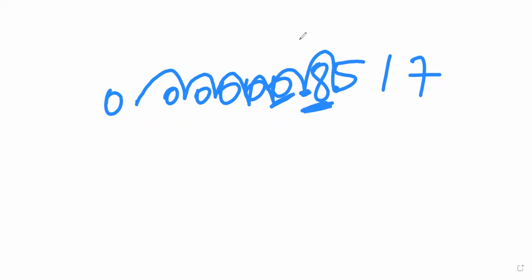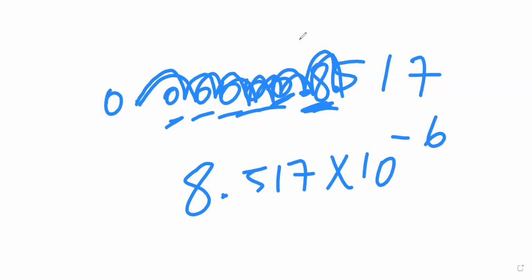It must be between two non-zero numbers. So let's see how many movements we shift this decimal point. 1, 2, 3, 4, 5, 6. So we move it 6 places. Let's recheck. 1, 2, 3, 4, 5, 6. So the answer will be 8.517 times 10 raised to the negative 6.